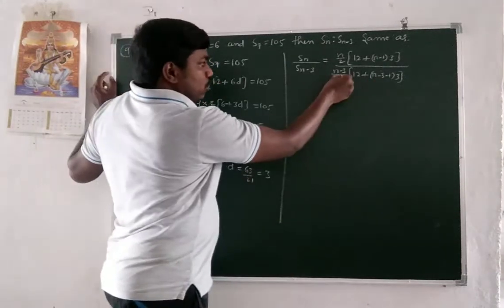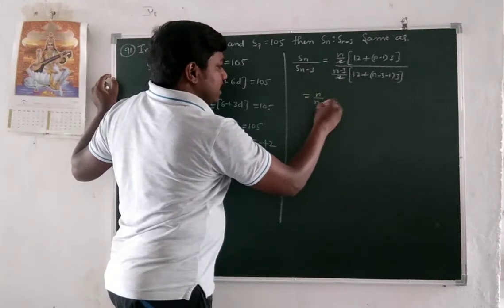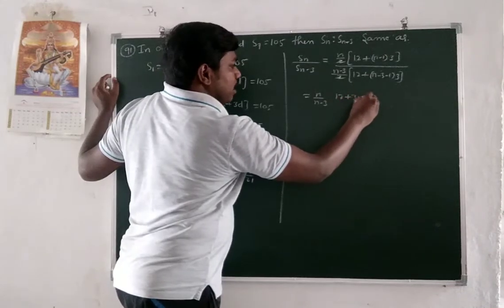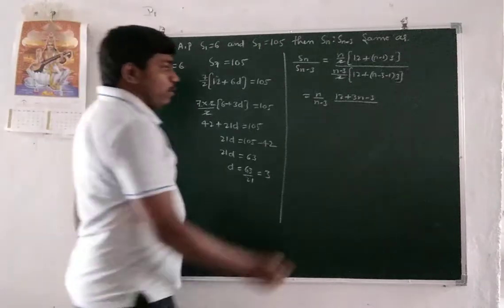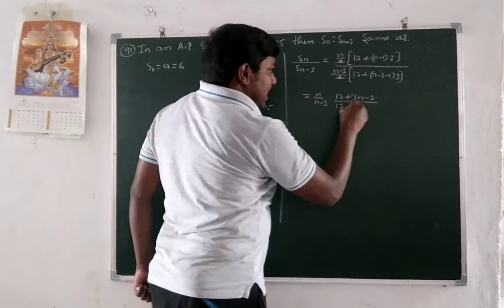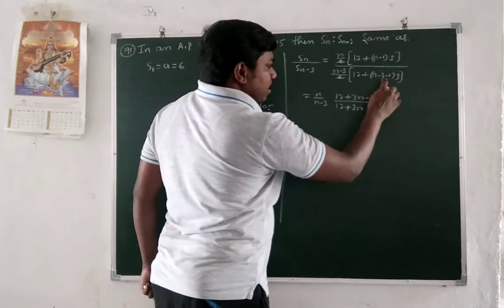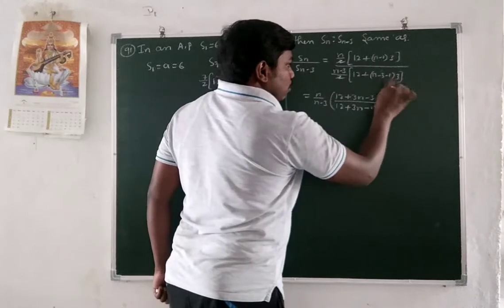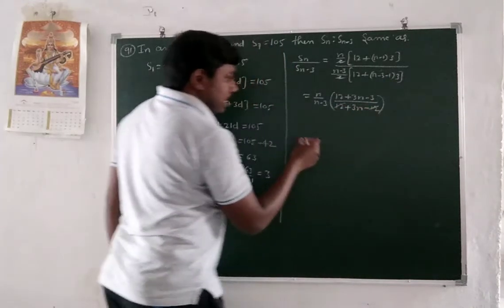So 2 gets cancelled. n divided by n minus 3. Here 12 plus 3n minus 3, divided by 12 plus 3n minus 12. Minus 4 into 3 is minus 12, so 12 minus 12 gets cancelled.